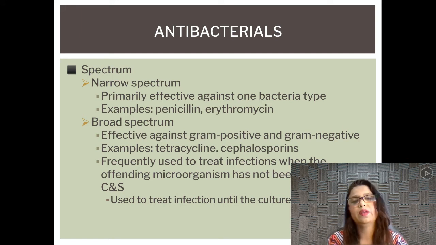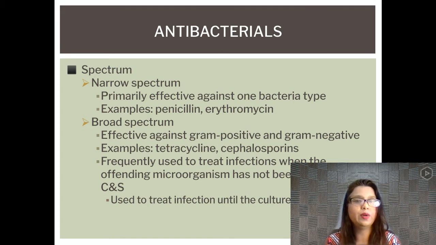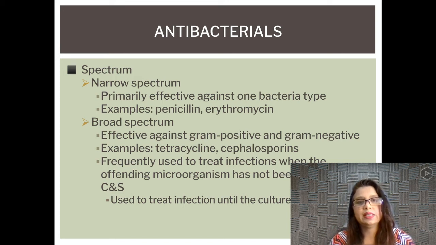So broad spectrum antibiotics could be effective against gram-positive and gram-negative organisms. Examples could be tetracycline and cephalosporins, frequently used to treat infections when the offending microorganism has not been identified by culture and sensitivity.